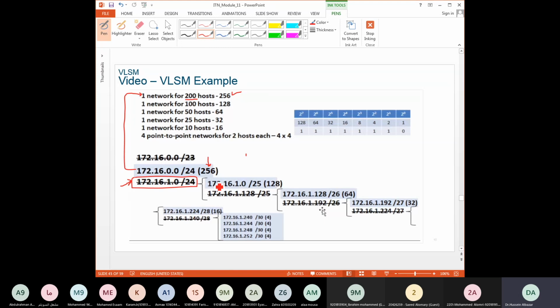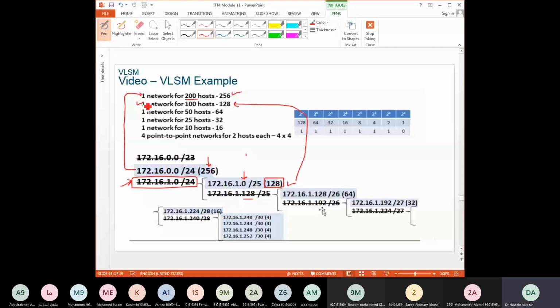The first one is 172.16.1.0. Now the magic number is the last bit in octet 4. And the second one is 128. So here we have 128 host addresses per subnet, so we can assign this to the second requirement.